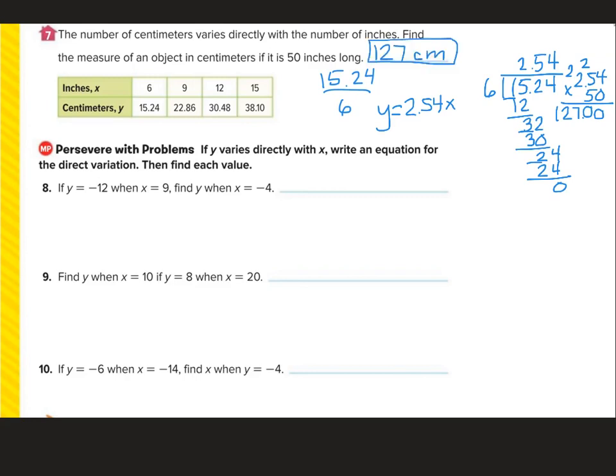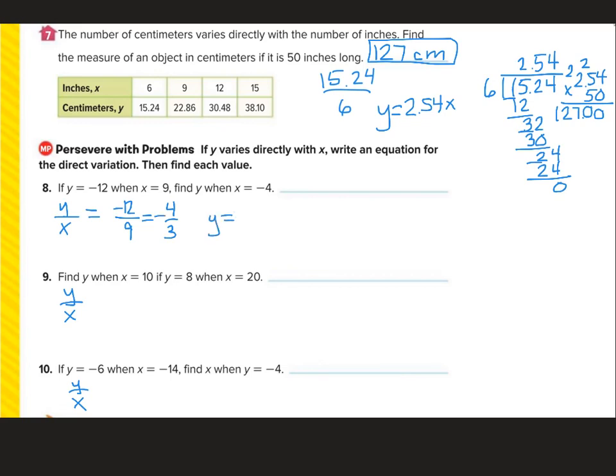Persevere with problems. If y varies directly with x, write an equation for the direct variation. Then find each value. We're always going to write y over x for all of these, so I'm going to write it in now. For number 8, it's negative 12 over 9. So 12 over 9 is 4 over 3, and it's a negative.